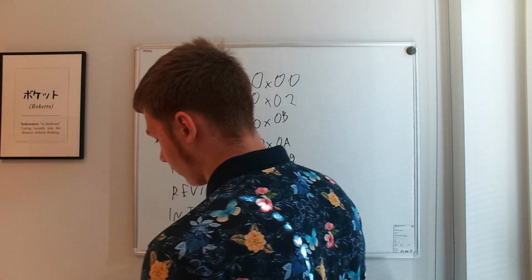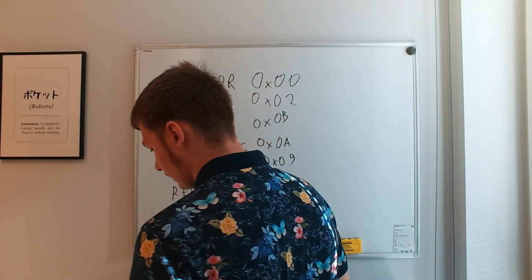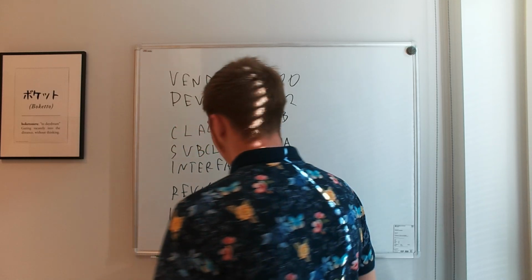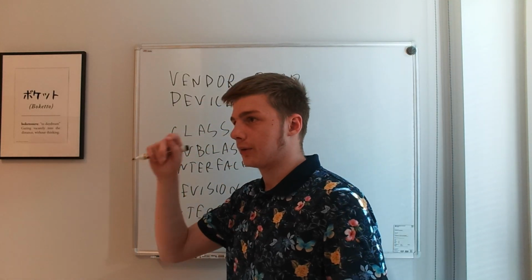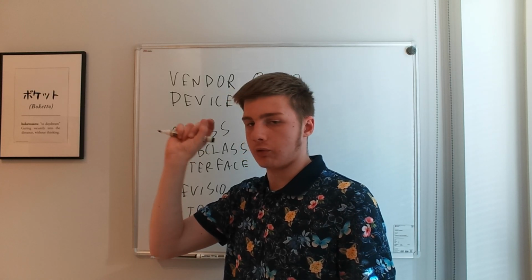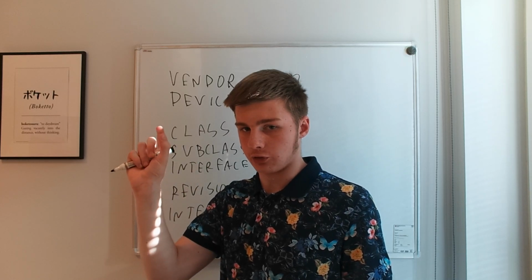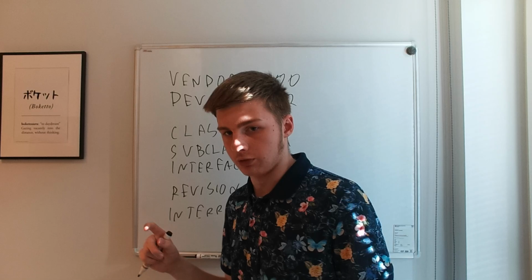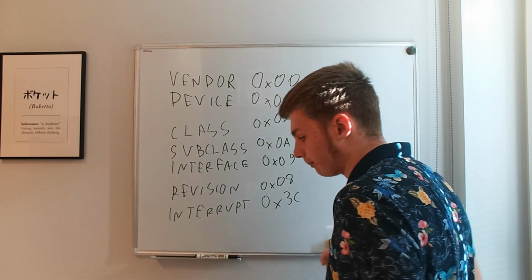So in order to check whether something is multifunction, you can place it in the loop which only has the device, because you always check it for function 0, so it doesn't have to be in the function loop, which is very convenient.